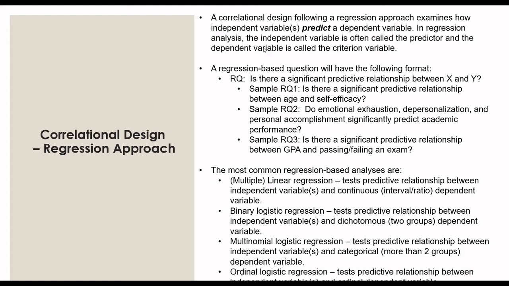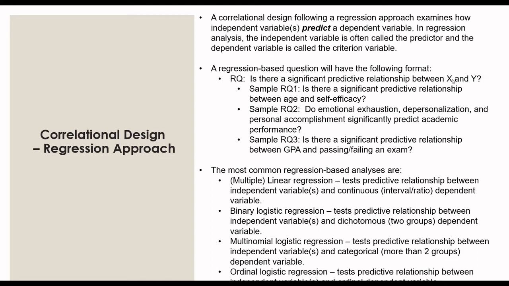So a regression-based question has a similar format as what we just looked at. However, you have the word predict there. So you need to have an independent and dependent variable. You need to have something you're trying to predict. So in this case, the general research question will say, is there a significant predictive relationship between X and Y?